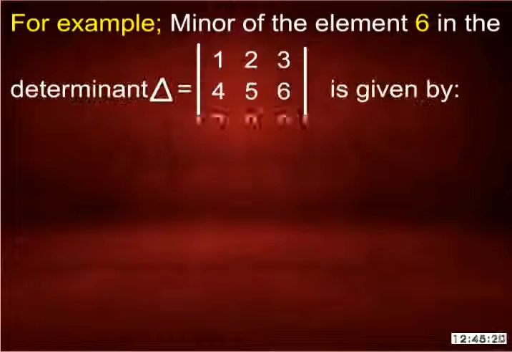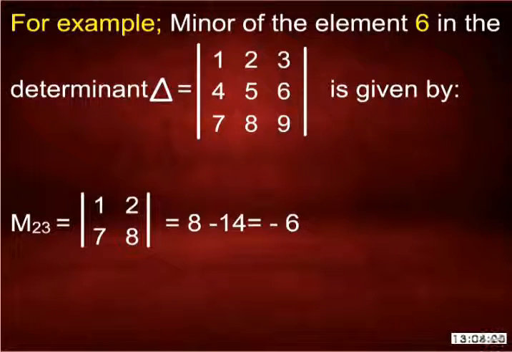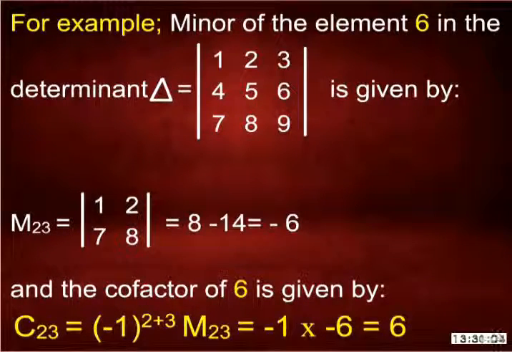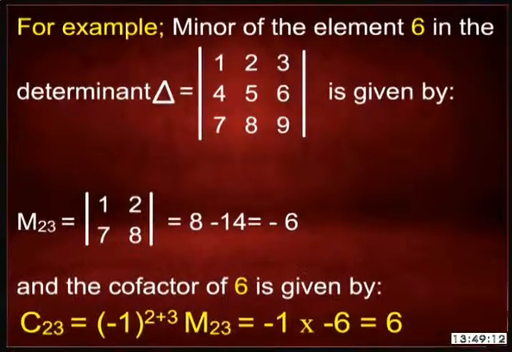For example, if delta is the determinant whose first row elements are 1, 2 and 3, second row elements are 4, 5 and 6 and third row elements are 7, 8 and 9, then the minor of the element 6, that is M23, is equal to determinant whose first row elements are 1 and 2 and second row elements are 7 and 8, which is equal to 8 minus 14, which is equal to minus 6, and the cofactor of 6 is given by C23 is equal to minus 1 raised to the power 2 plus 3 into M23, which is equal to minus 1 into minus 6, which is equal to 6.